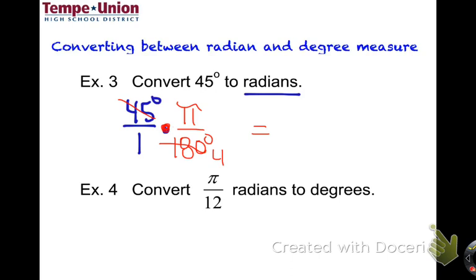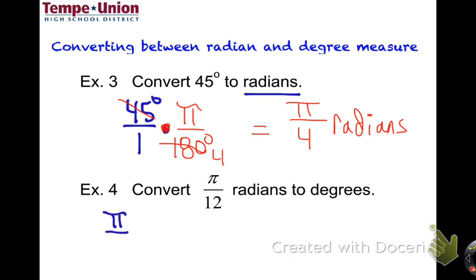Then I multiply straight across, and that would be pi over 4. So that goes in 4 times, right? 180 divided by 45, yep. So this would be pi fourths, and this is radians. So pi fourths radians.